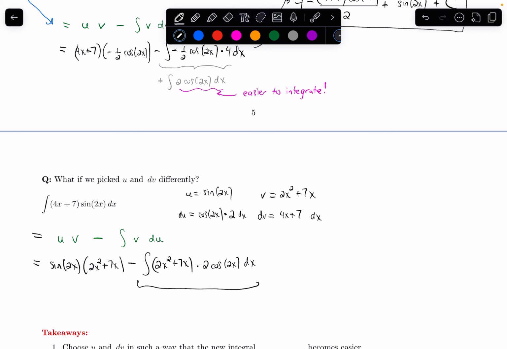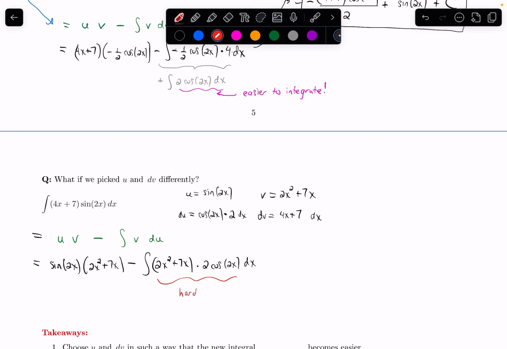Now if I look at this new integral, this actually looks harder than the one that I started with, because in both of them we have this trig part, but in the one that I started with, it's multiplying a linear function, a polynomial of degree 1, because I get x to the 1. But now I have a polynomial of higher degree, and that makes it look harder.